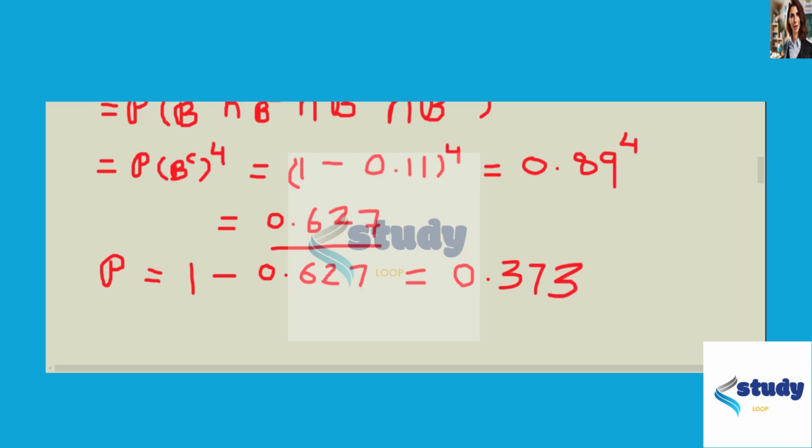That is, the probability that at least one person is type B is 0.373, which is our required probability.